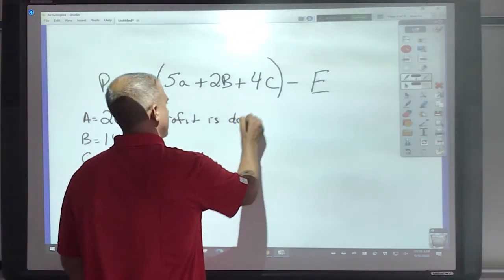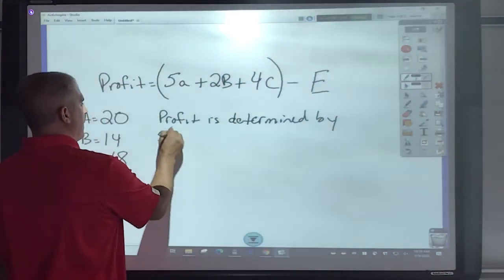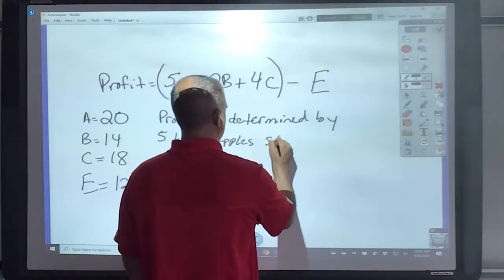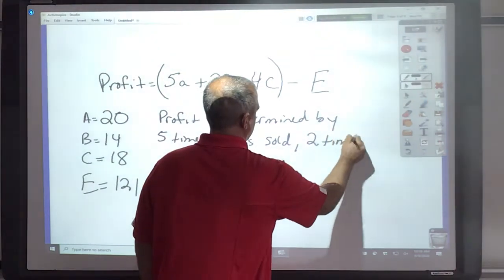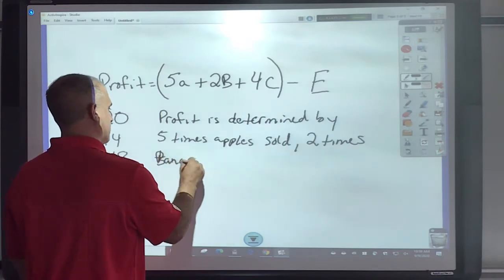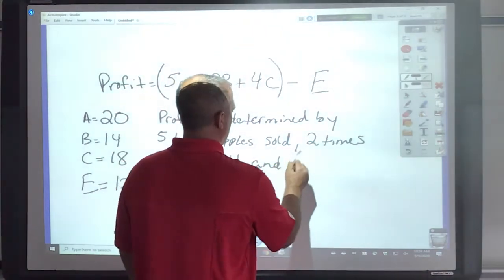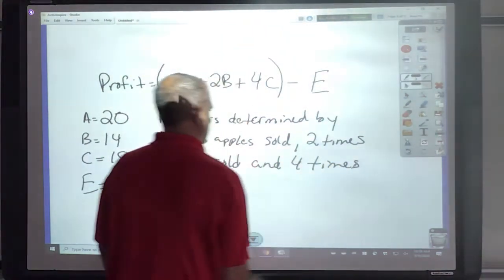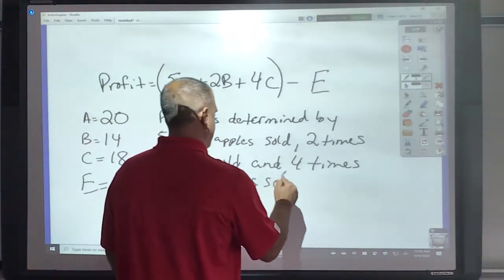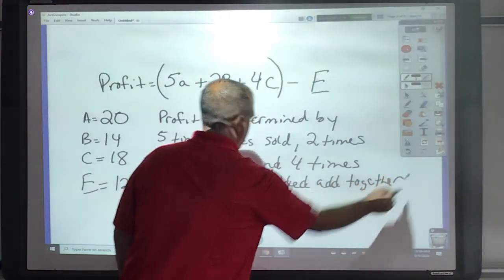by 5 times the apples sold, 2 times bananas sold, and 4 times the clementines sold, added together, subtracted by expenses.